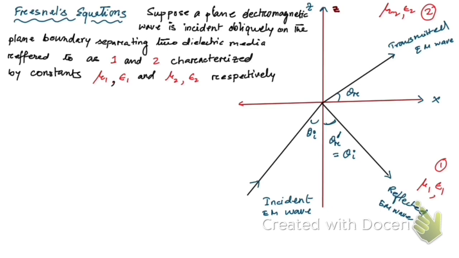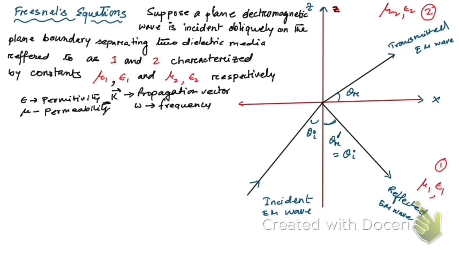Mu represents permeability and epsilon represents permittivity. I will mention those later. These are the symbols that we are going to use.